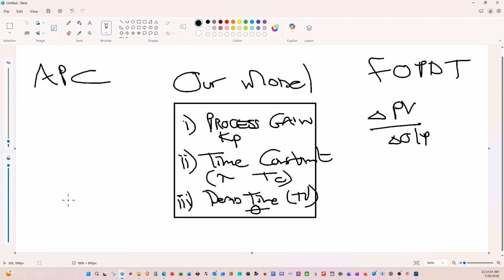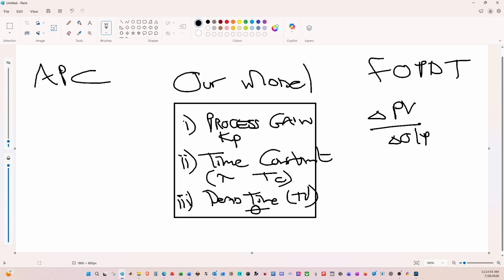This is the period of time that elapses from when an output has changed until you and I can see a noticeable response in the process variable. It's often caused by transport delays or sensor lags or analyzer delays or physical separation.